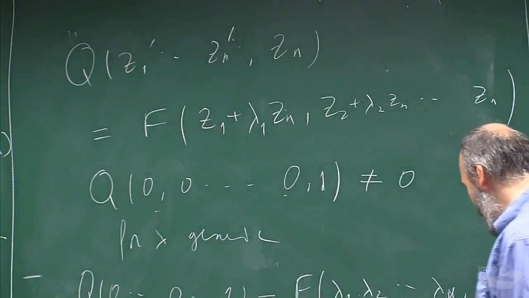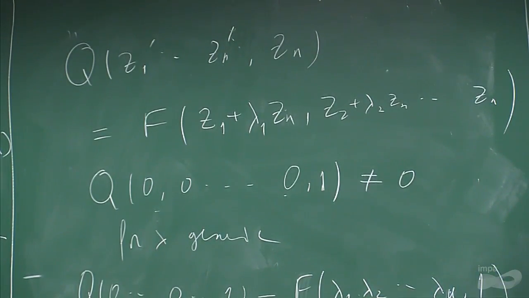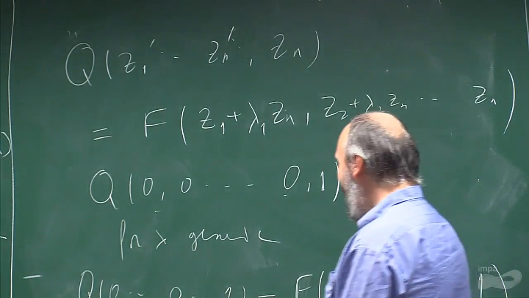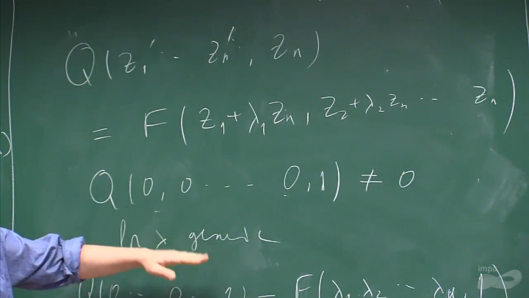This is a homogeneous polynomial. If it is 0 for all these values, it is just identically 0. This cannot be, because it's assumed to be non-zero. So generic now means, in that sense, that it is non-zero.